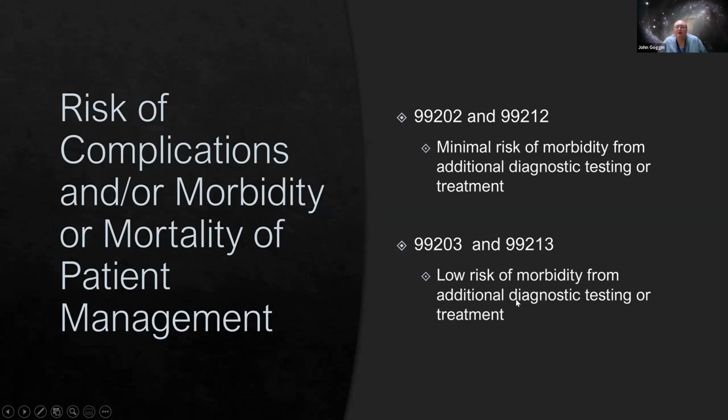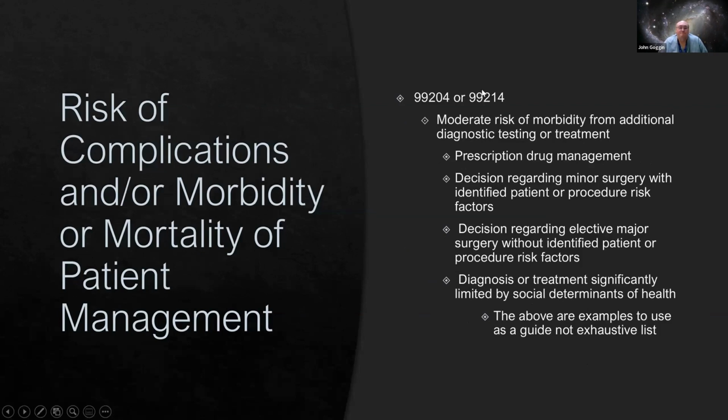Level 3 is a low risk of morbidity and mortality. This is going to be things like a cortisone injection for plantar fasciitis, a local nerve block, a neuroma injection, things like that, where there is a small risk, but it's very, very low. I think venipuncture is actually used as an example in some of the other literature on this.